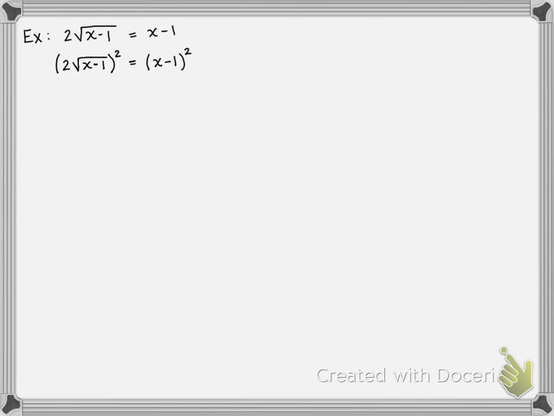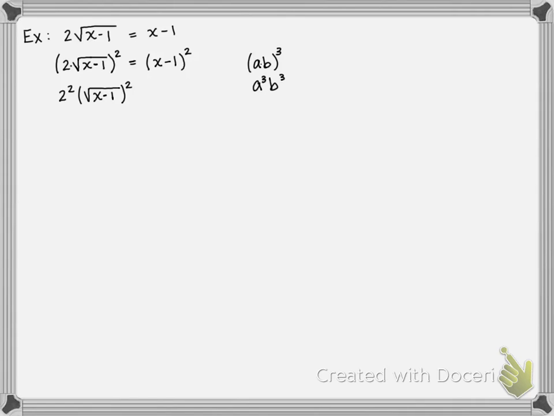When we square the left side, remember that when it's multiplication in here, this is the same as just squaring each factor. Remember when we did these, that was like a to the third, b to the third.